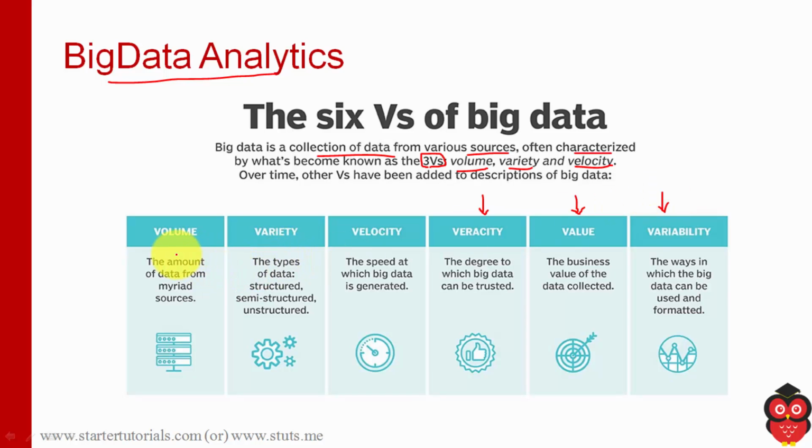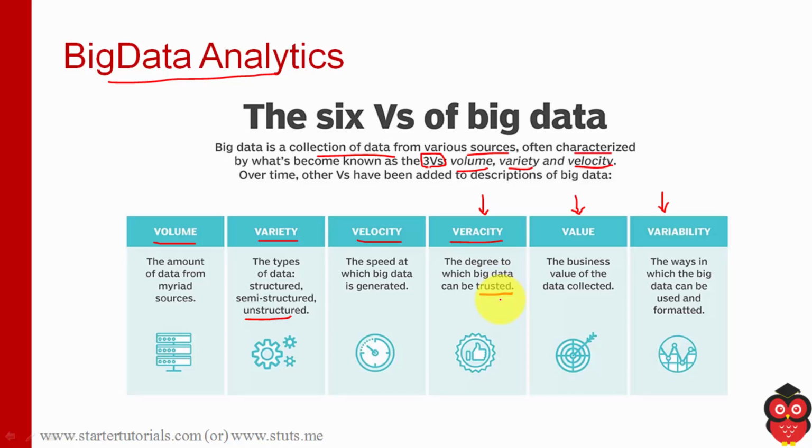Okay. So volume means a huge amount of data is being generated on the internet nowadays. Variety means different types of data: structured, semi-structured, and unstructured data. And all this data is produced within seconds or milliseconds, so the velocity is very high. Veracity means the degree up to which the data is trusted.